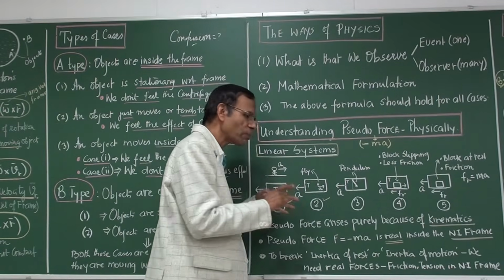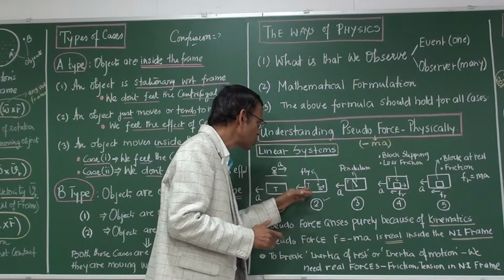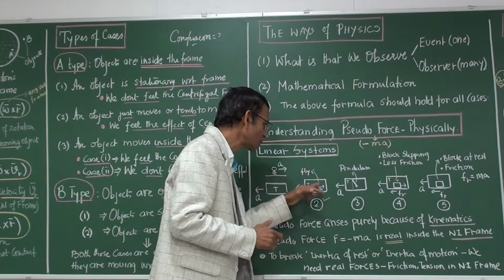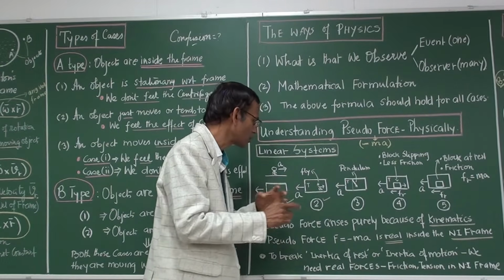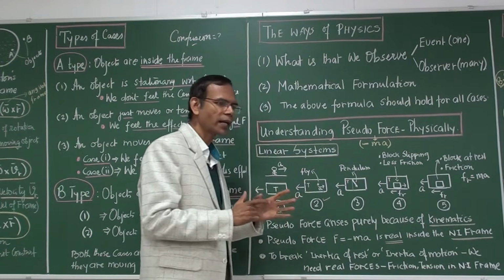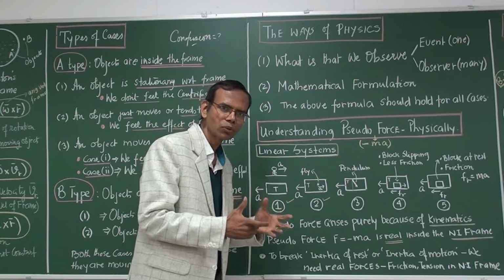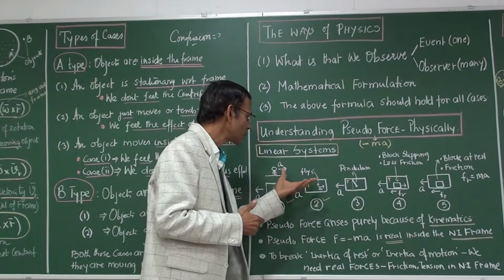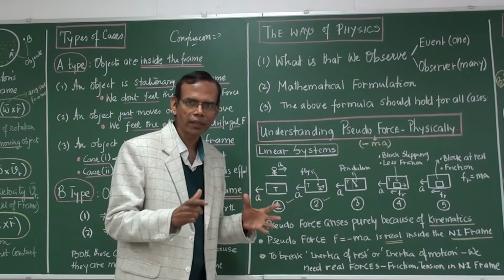So it is just a matter of relative motion between the two, relative motion between the frame and the observer. Isn't it? It is just a relative motion. And because of that, he invokes the pseudo force. So the pseudo force is basically purely because of kinematics.